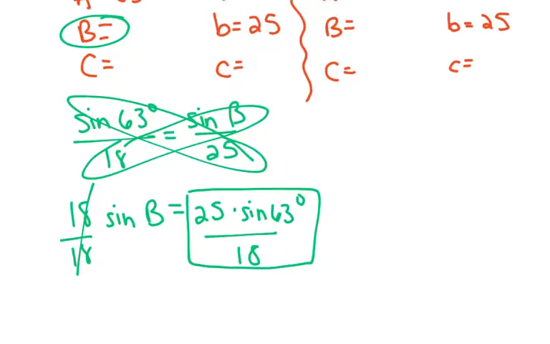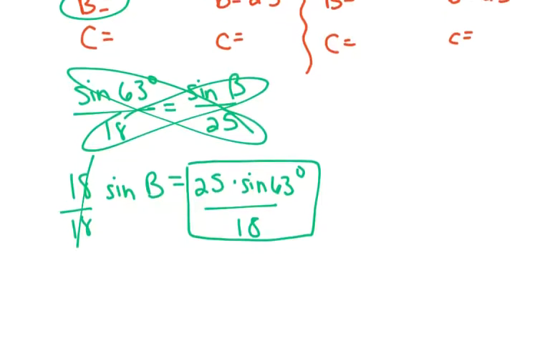Then the answer that you get, which should say on your calculator 1.237509061, leave it. Do not write it down as a rounded off decimal. We're going to leave that number in our calculator because the next step is to solve for B. You have to do the inverse sine of that.